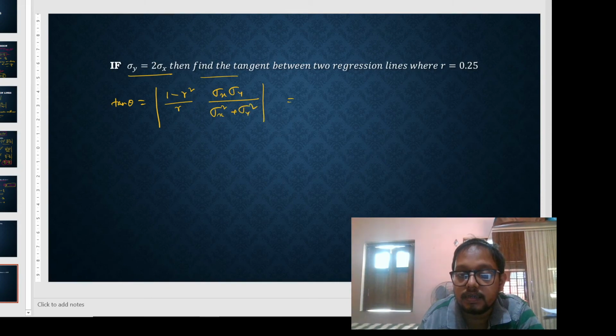And see, it is given that sigma y is equal to 2 sigma x and the value of r is also given. So just now simplifying this one.